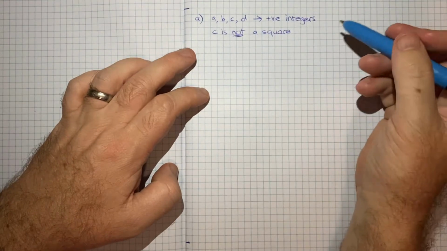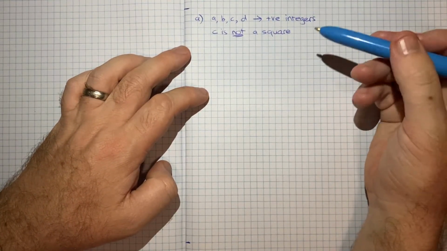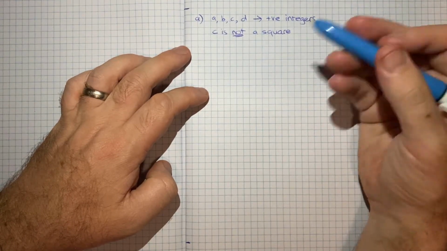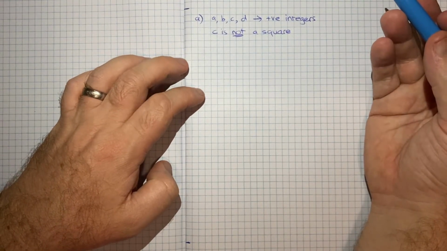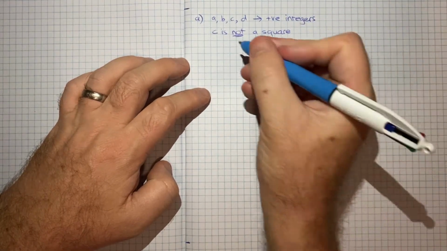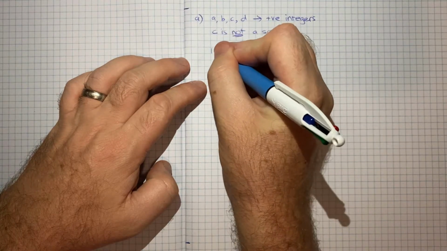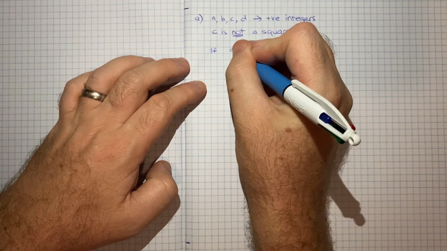So it's not something like 4 or 16, numbers that if you took the square root of, you'd still have an integer.